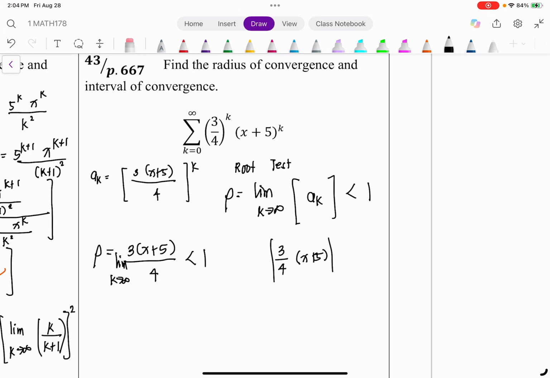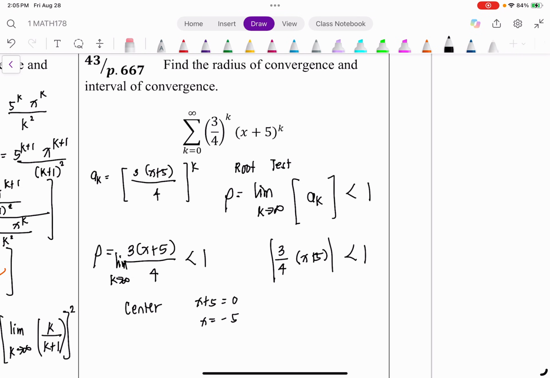The absolute value of this must be less than 1. It should be positive. So the center is located at x plus 5 equal to 0. So x is negative 5.